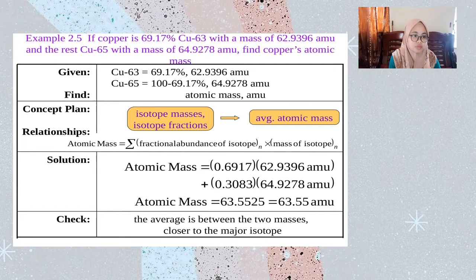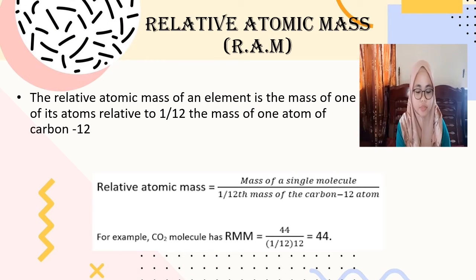Next we go to the relative atomic mass, or what we call RAM. The relative atomic mass is the average mass of one atom of an element when compared with 1/12 of the mass of an atom of carbon 12, or compared with one normal hydrogen atom.